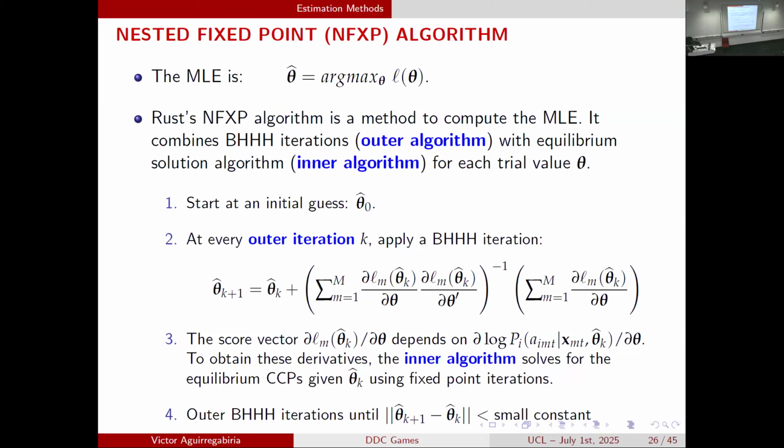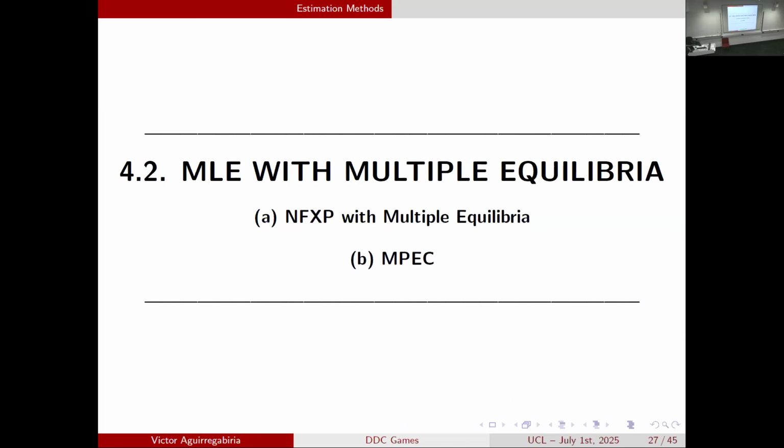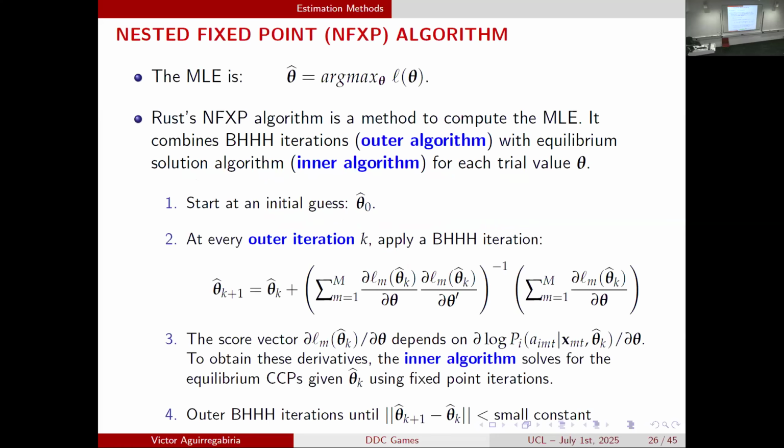And at each inner iteration, for the candidate theta hat value at that iteration for the vector of the structural parameters, we solve for the unique Markov perfect equilibrium that gives us the vector of choice probabilities and the corresponding scores. Then we iterate in this procedure until convergence, as in single agent dynamic decision problems. The only difference is that now we need to compute at each inner iteration a Markov perfect equilibrium, which involves solving many times dynamic programming problems.